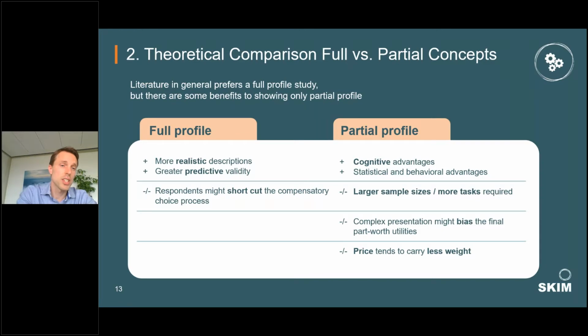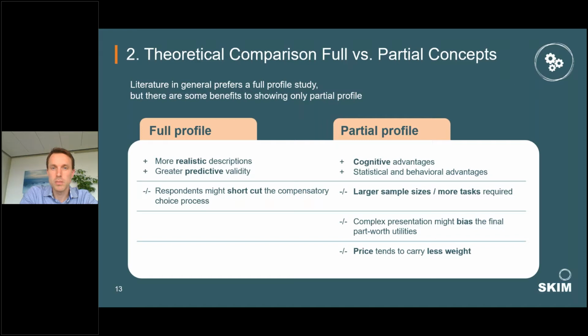A downside is that respondents might shortcut the compensatory choice process. If there are too many attributes on the screen, they're going to focus on the ones that are important to them, which could actually not be a downside because in reality they might do the same thing. So it's just something we noted here.